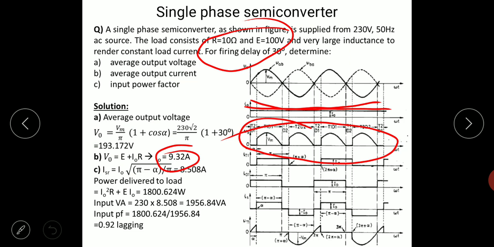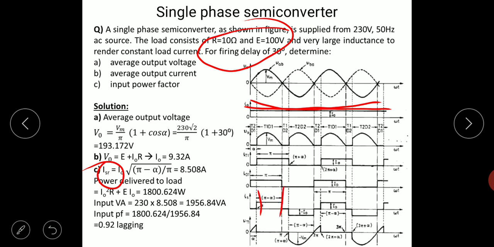Okay. And if we calculate ISR, that is the supply side RMS current, we know that the supply current will flow only when the thyristor is conducting between alpha and pi. The only difference is that the nature of the current is constant. So if we take the RMS value of this current, we can easily find the RMS current.